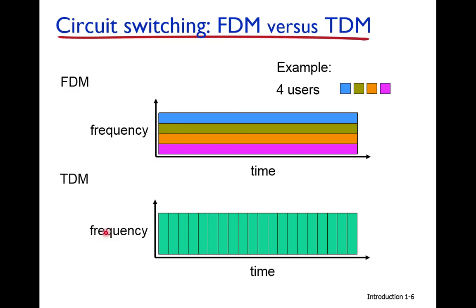Another technique is called TDM, time division multiplexing. The link is used time-wise. For example, for the first 5 seconds it is used by the first user, for the next 5 seconds by the second user, for the third 5 seconds by the third user, and for the fourth 5 seconds by the fourth user. When all 4 users are served, for the fifth 5 seconds it is used by the first user again.